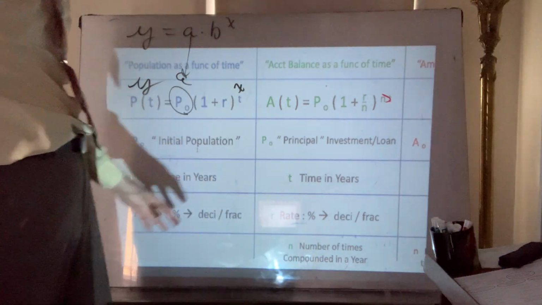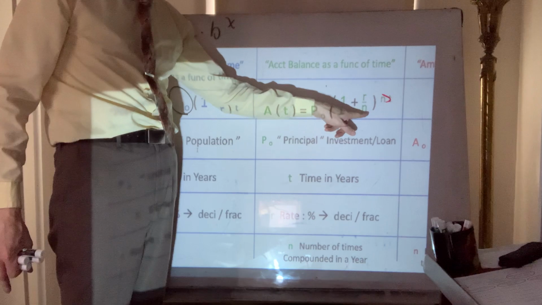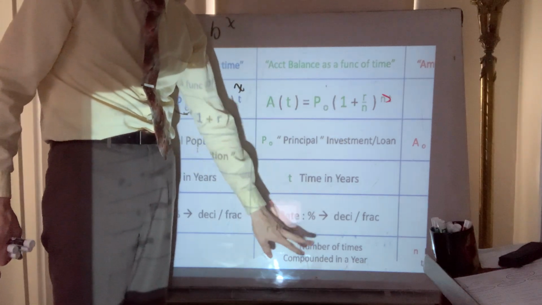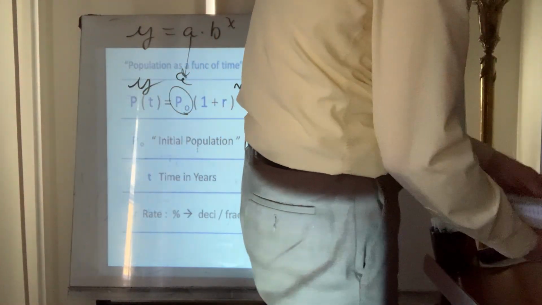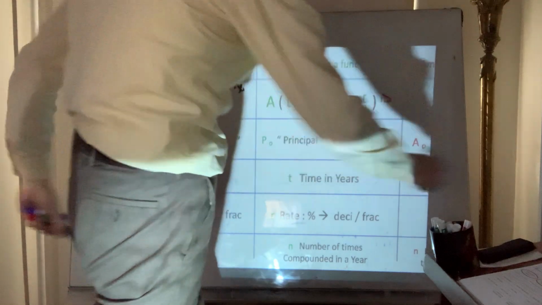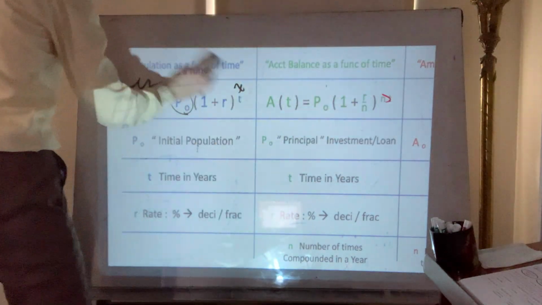And in this case, for the compound interest, there's an extra feature here. N is the number of times compounded in a year. What does it mean to be compounded? That's important, so let me just write that here for reference.